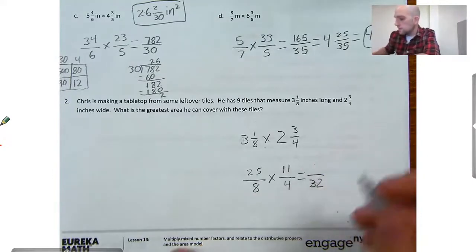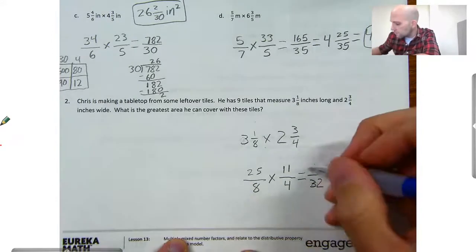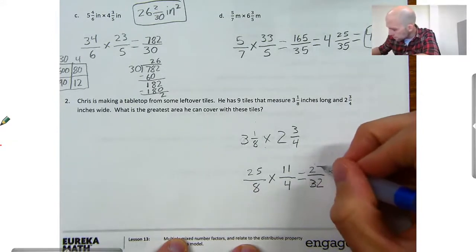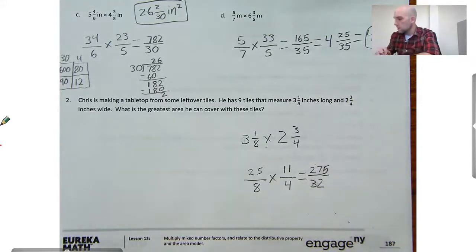And 25 times 11, well, 25 times 10 would be 250, plus another 25 is 275. I have 275 thirty-seconds.